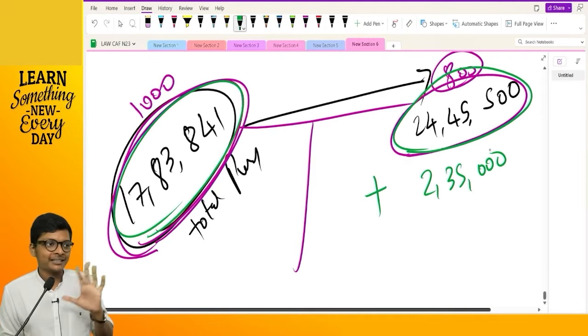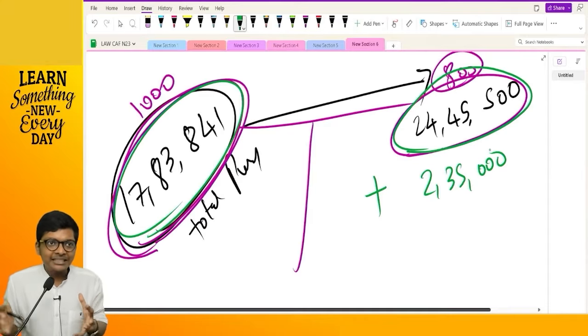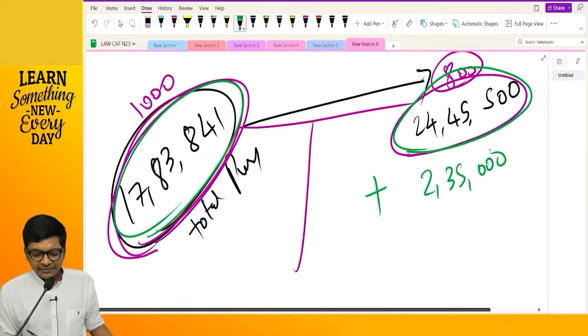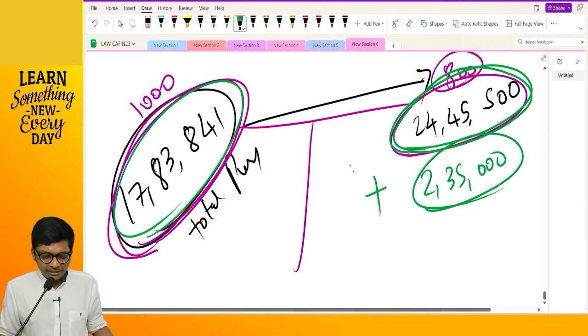I am not actually selling it, I am assuming. What assumption? If everything that is purchased is sold, then I will get 24 lakh 45,500 plus 2 lakh 35,000. So how much will that come to?